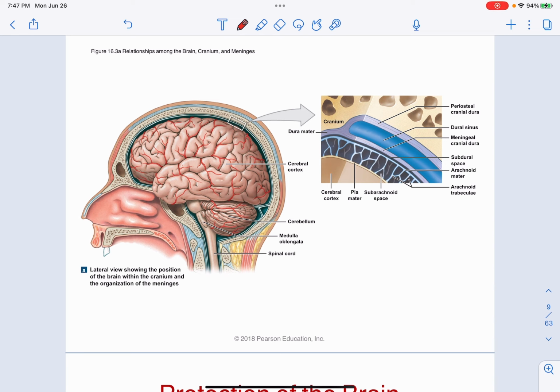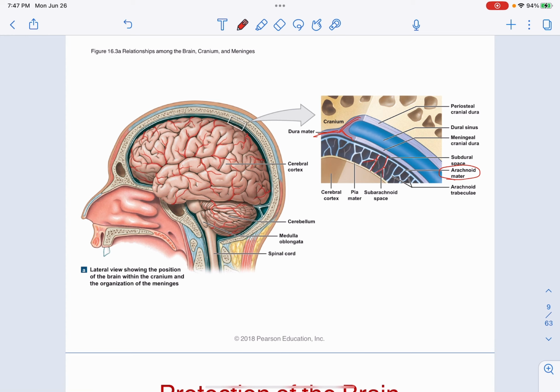So here is a close-up where you can see those layers that I was just mentioning. The dura mater in certain locations is going to split into two layers, and I'm going to come back to that. But I would just want to remind you that below the dura mater, you can see the arachnoid mater. And remember, the arachnoid mater has those struts coming off of it, right?